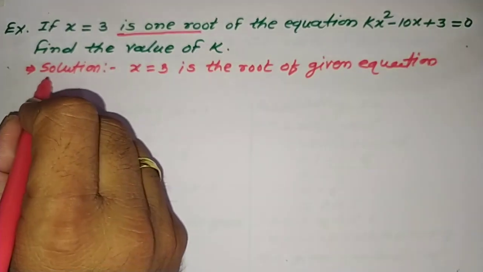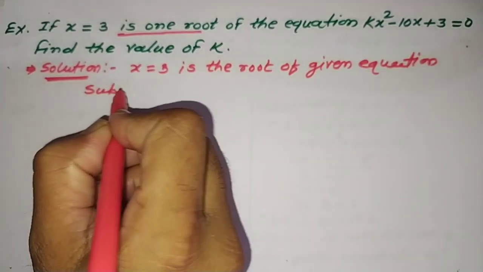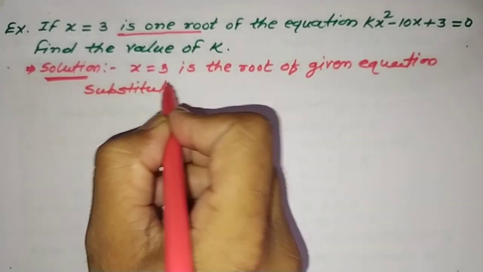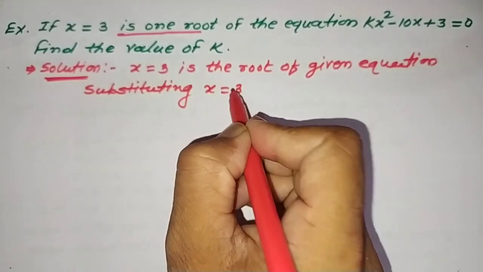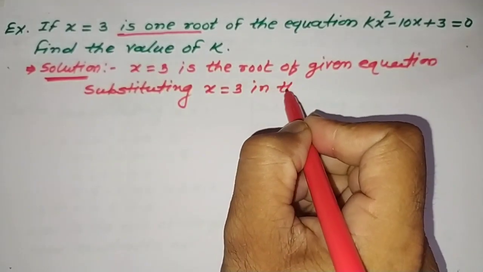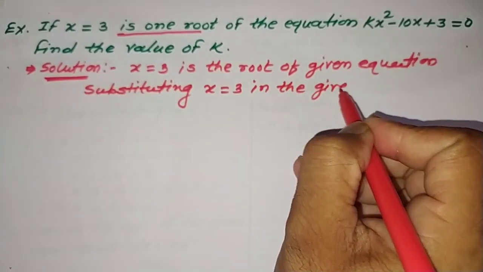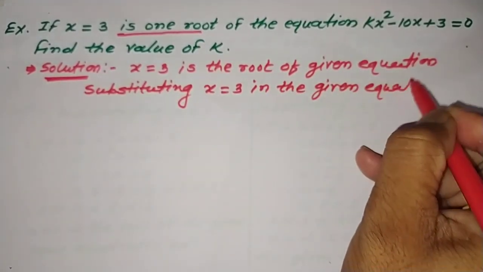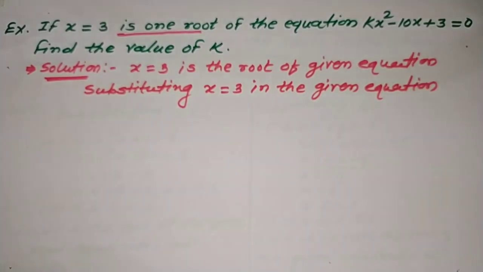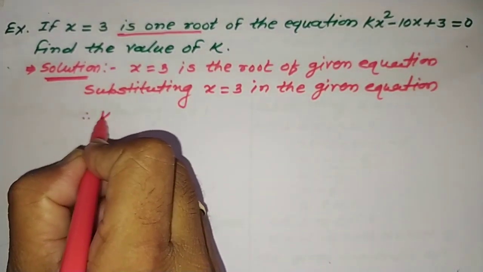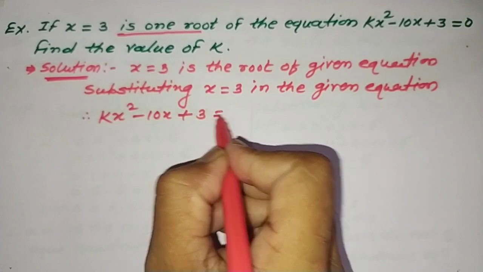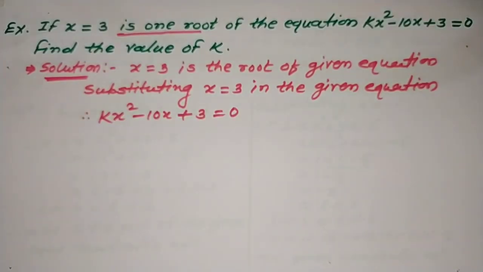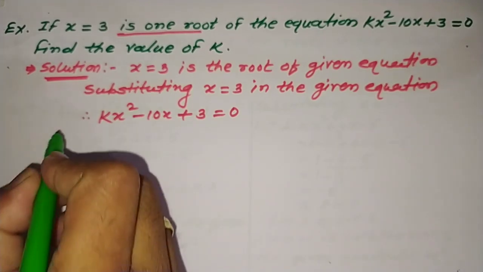Substituting x is equal to 3 in the given equation. First, write down the equation: kx square minus 10x plus 3 is equal to 0. Substitute the value x is equal to 3.